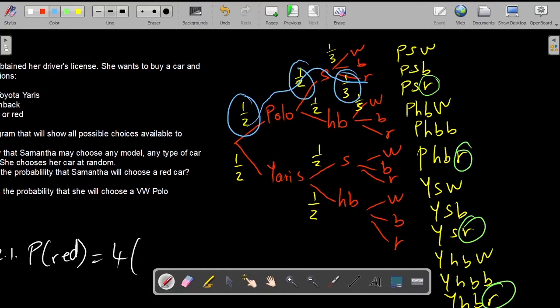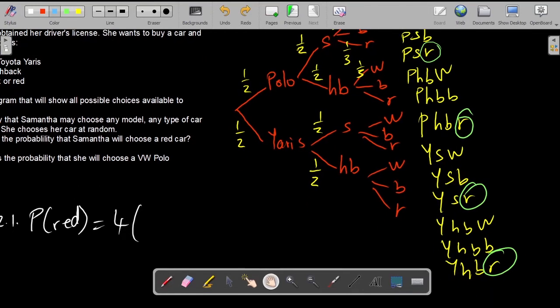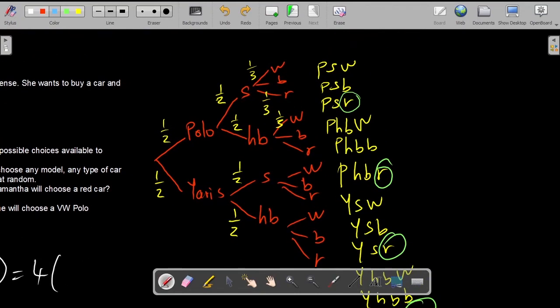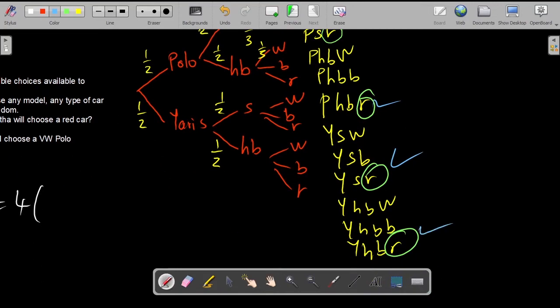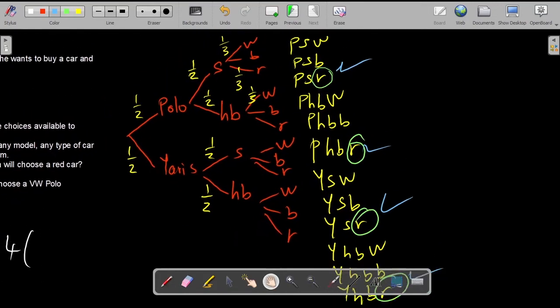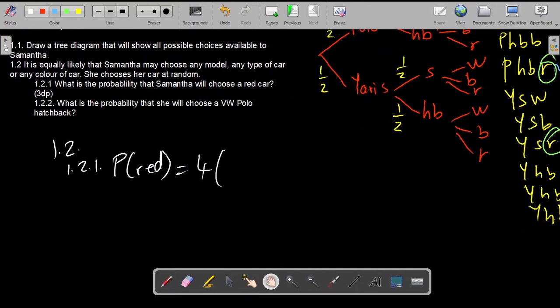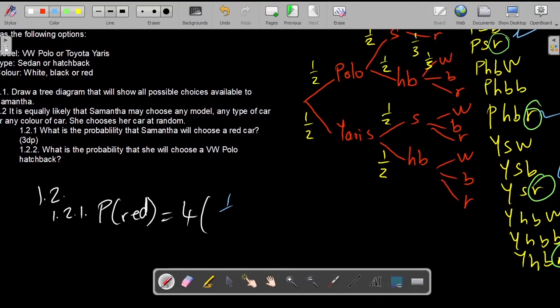So now if you look at the whole diagram, you basically have the same values everywhere. So you can just write it in compact form and say we have 4 cases where we're going to do the same multiplication. And those 4 cases actually show where we have red cars. And the multiplication is basically 1 over 2 multiplied by 1 over 2, and then finally multiplied by 1 over 3.